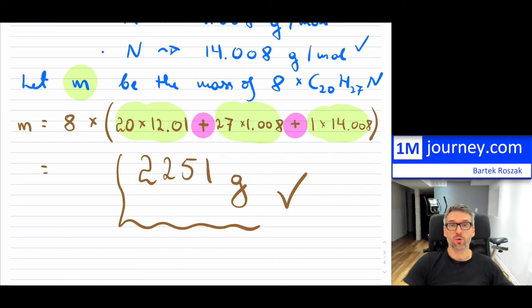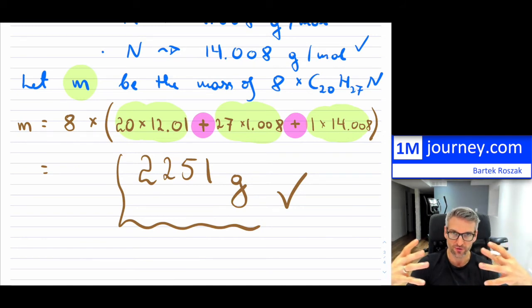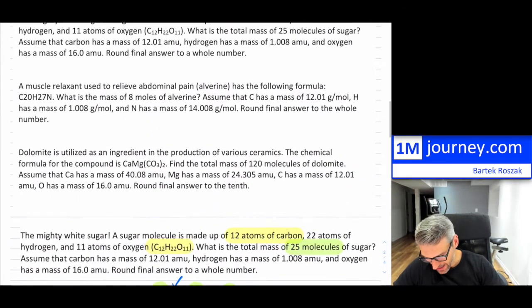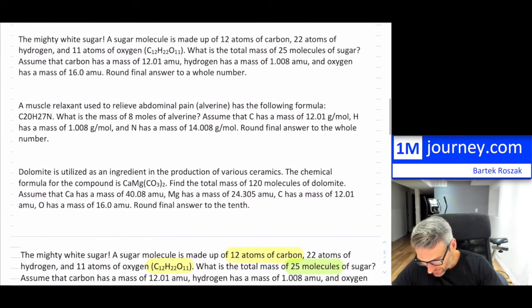Now, there is one particular formula which sometimes throws students off. So now I hope you understand and see these moles and molecules and then related to either grams or atomic mass units, so it'd be much easier for you to think about. Here is the last example, and this is dolomite, and it is utilized as an ingredient in some ceramics.